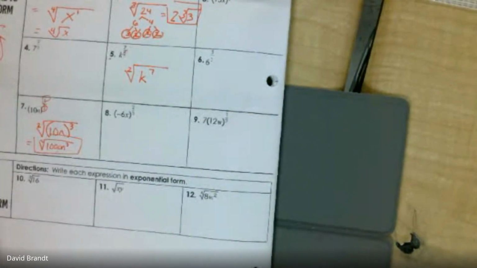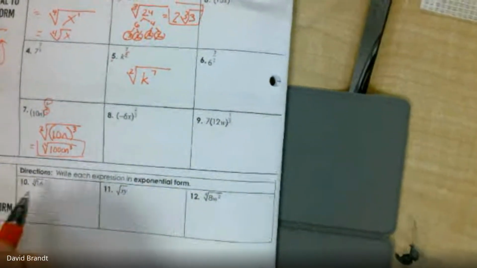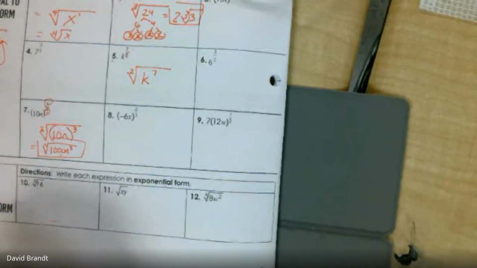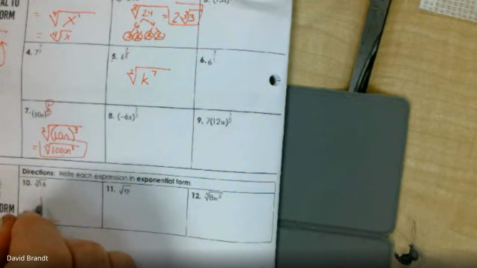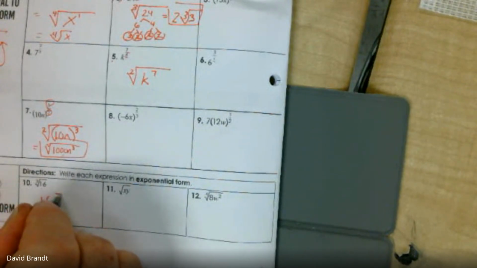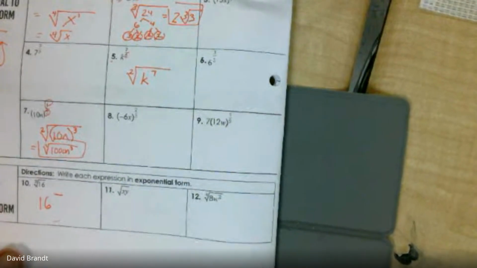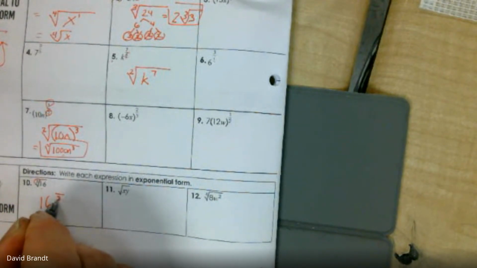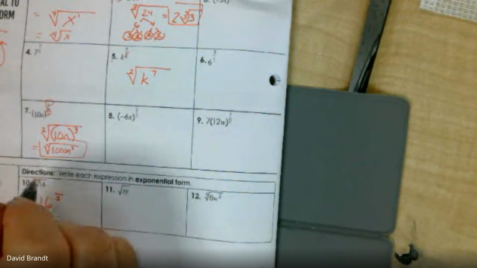Now, what if you convert from radical form to exponential form? That means go the other way. You want to write this as an exponent, a fraction exponent. All right, exponential form, you'll write 16, and you're going to write an exponent as a fraction. What number goes on the bottom? The index goes on the bottom, and the numerator is the exponent.